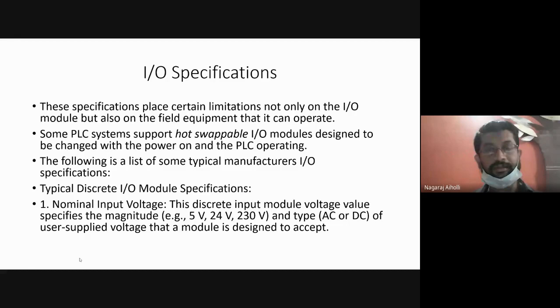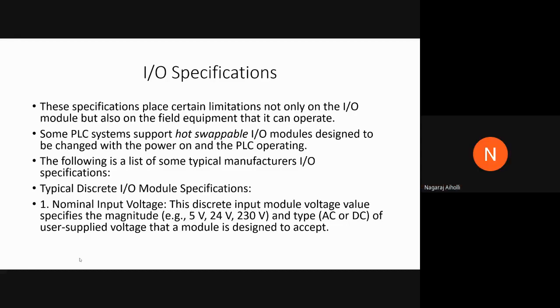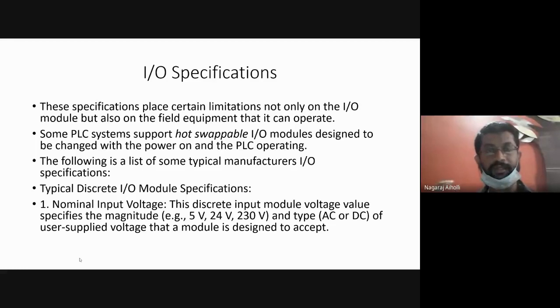It is a discrete input module specification which specifies the magnitude, say 5 volts or 24 volts or 230 volts, and the type, whether it is an AC voltage or a DC voltage, of user supplied voltage that the module is designed to accept. How much voltage the input module can accept from the power supply or from the user, that is called the nominal input voltage. Simple.